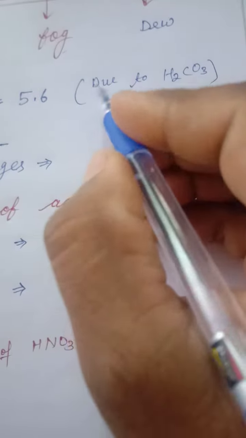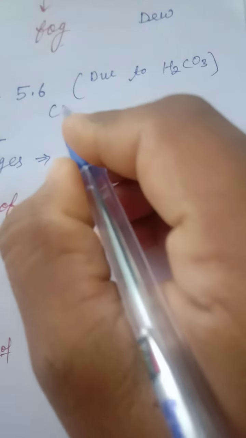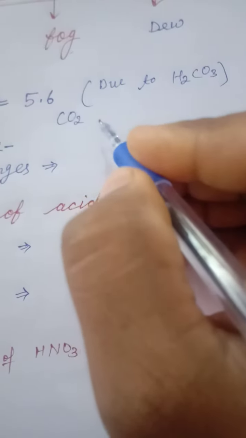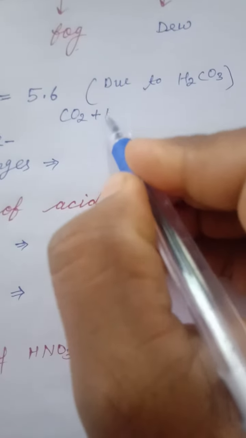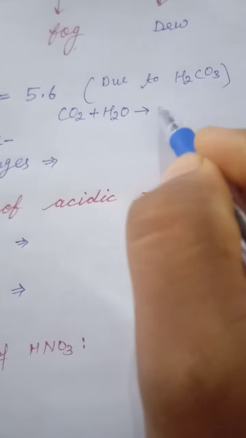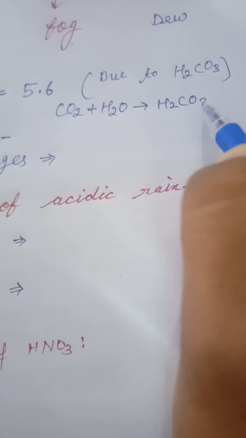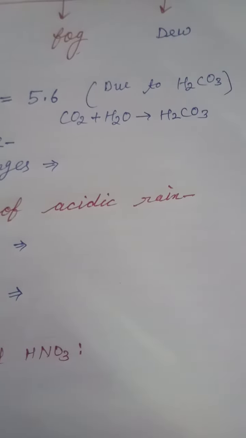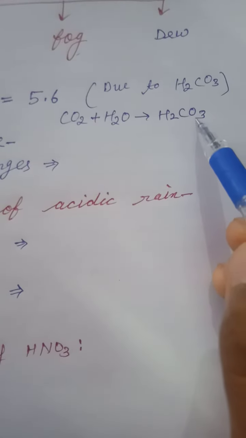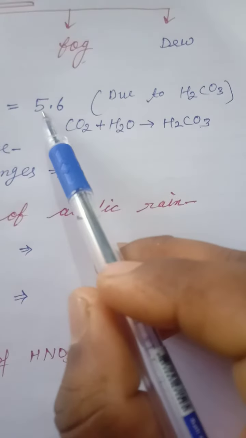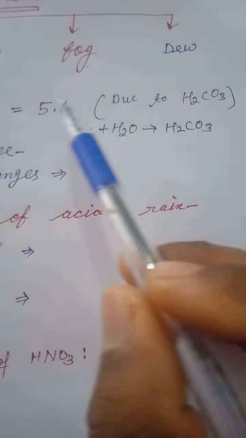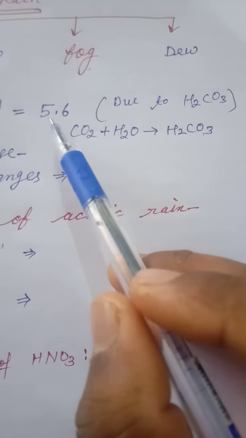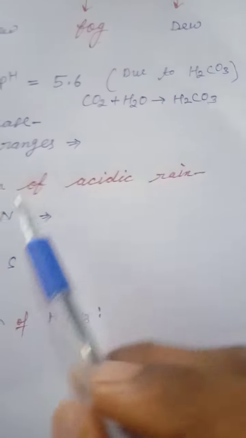As you know, in our environment 0.02 to 0.03% carbon dioxide is present, which will react with rainwater to convert into H2CO3, carbonic acid. Since it is a weak acid, its pH is around 5. Due to the presence of this H2CO3, rainwater has a pH of 5.6.